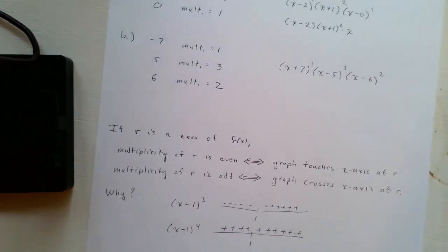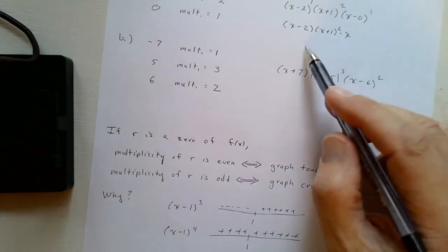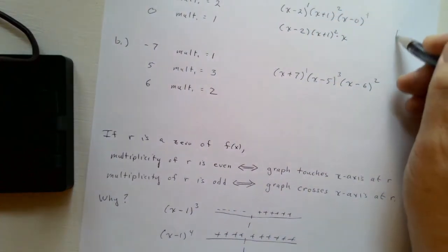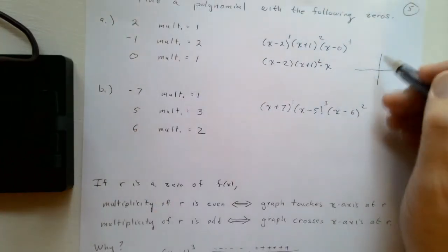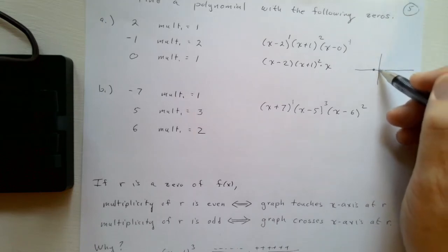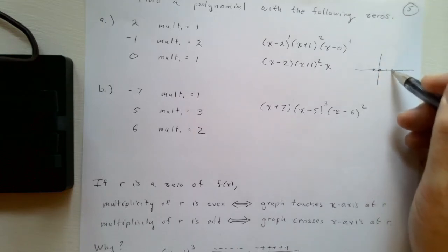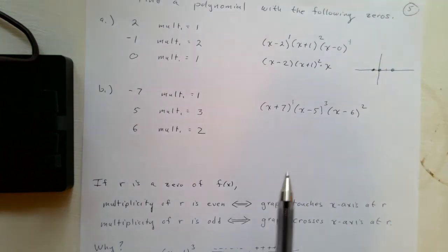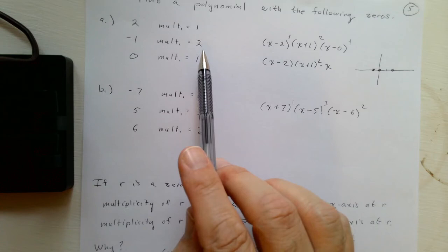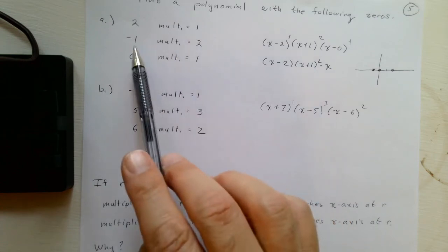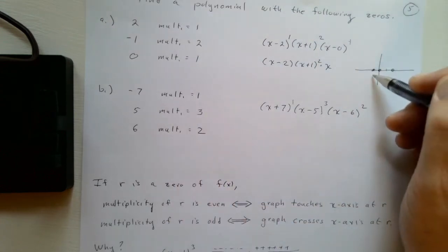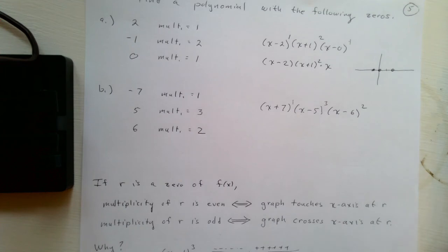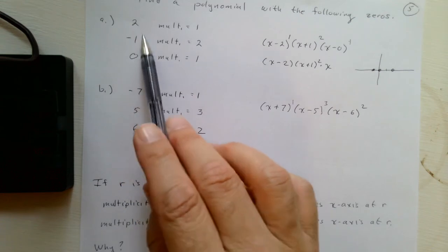So as an example, let's just maybe go back to here. What we see is our zeros in A are going to be at -1, 0, and 2. And we can see that the graph is just going to touch where the multiplicity is even, at -1. That's right here. And of course, it will cross the x-axis at 0 and 2.